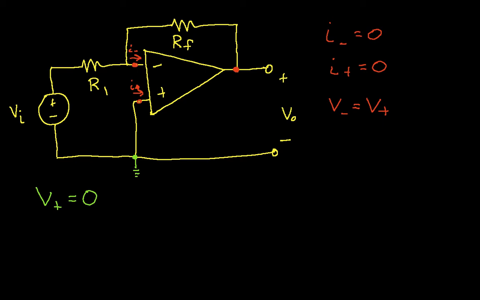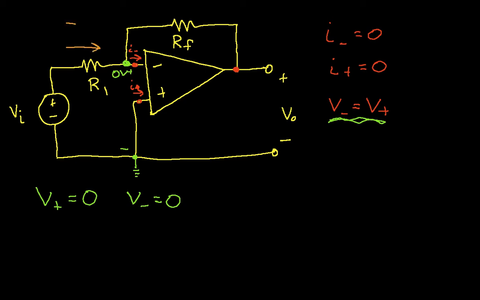Which means that V minus will also be equal to 0 volts because we're making this assumption due to the ideal op-amp model. So this node in the circuit is at 0 volts, the difference between here and ground.